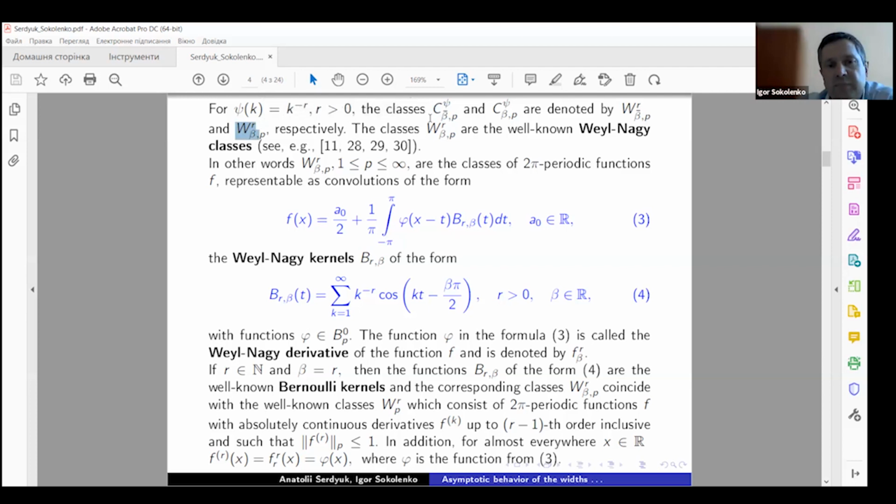The classes W^r_{beta,p} are the well-known Weyl-Nagy classes.